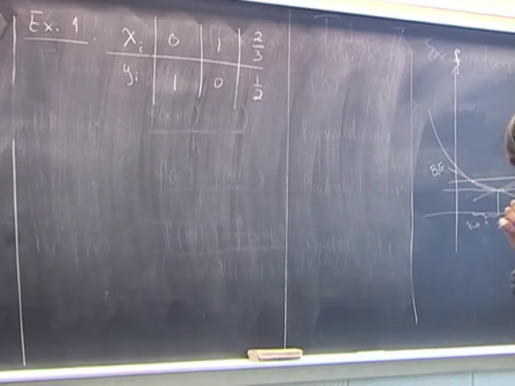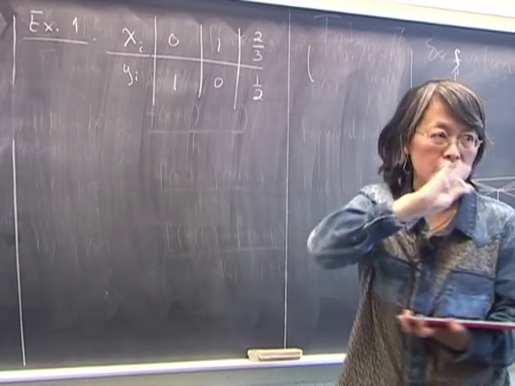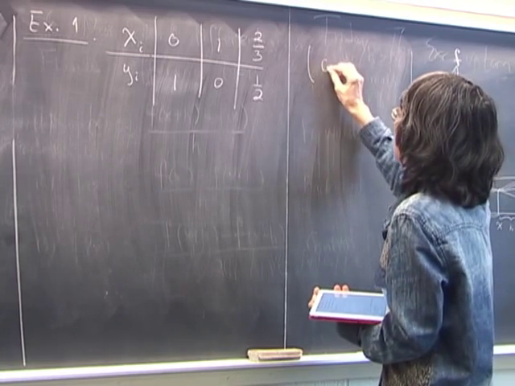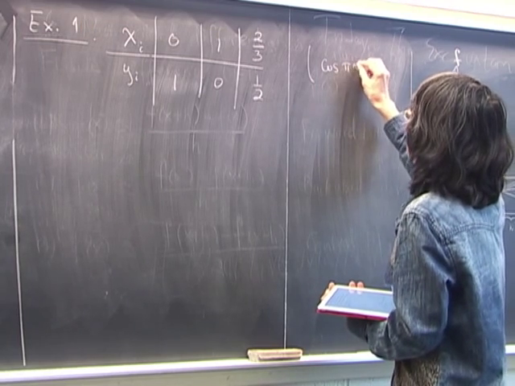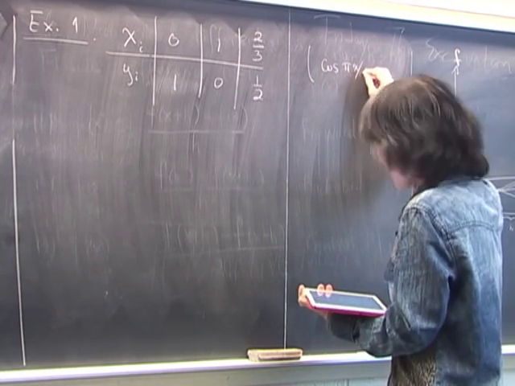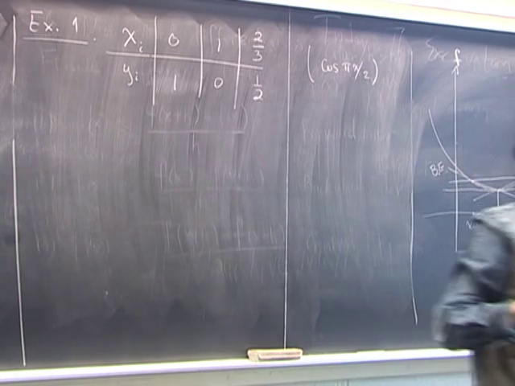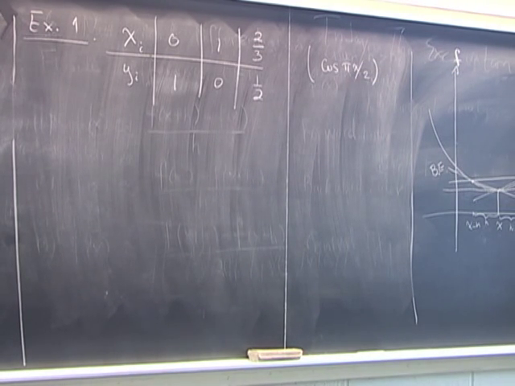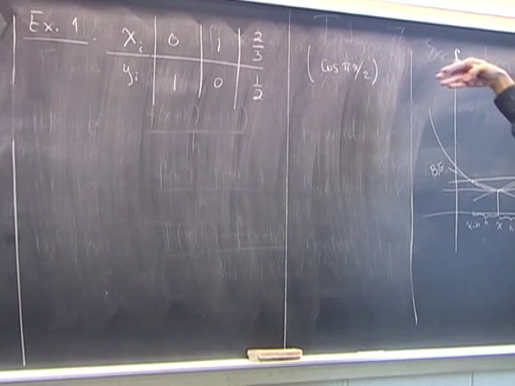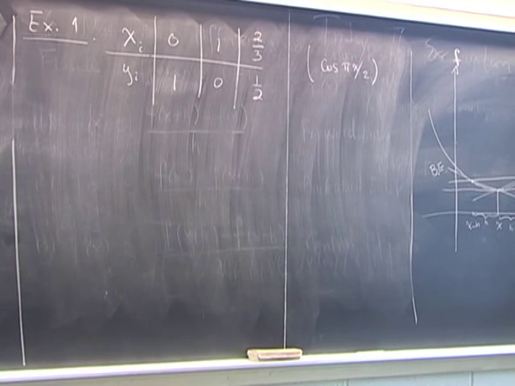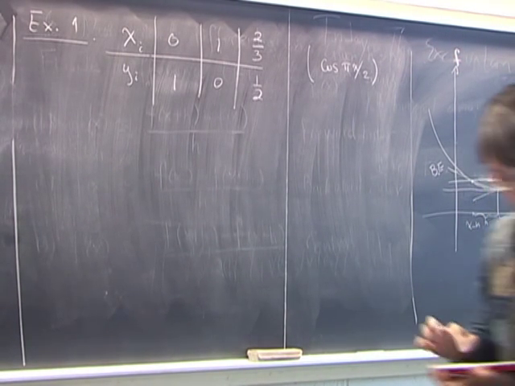Okay? Secret, don't tell anyone. This is cosine of x over 2. But we don't know. If you throw that in, that would generate this data. So we're going to throw in a polynomial to interpolate and see how well the polynomial approximates this cosine, which is a continuous function, infinitely differentiable.